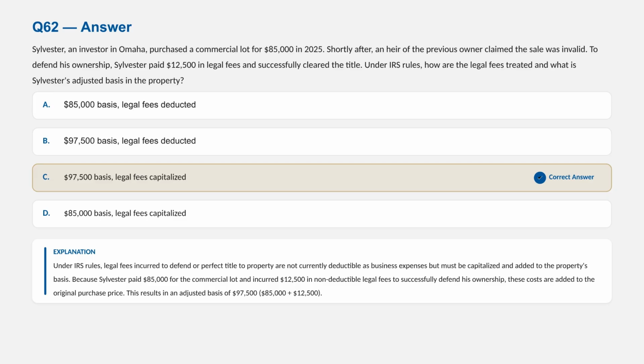Because Sylvester paid $85,000 for the commercial lot and incurred $12,500 in non-deductible legal fees to successfully defend his ownership, these costs are added to the original purchase price. This results in an adjusted basis of $97,500, $85,000 plus $12,500.